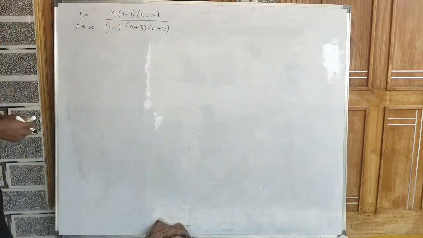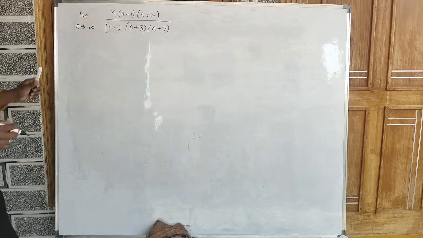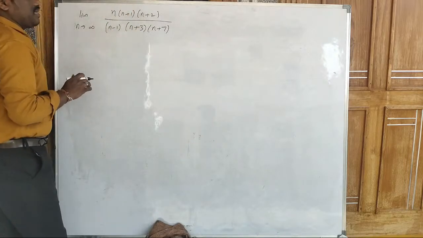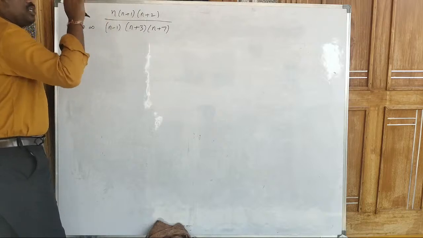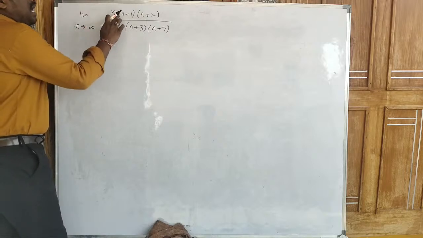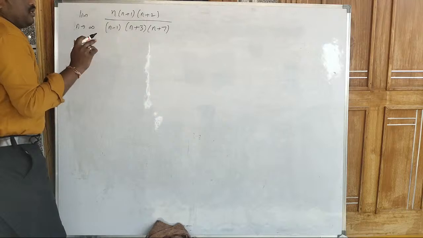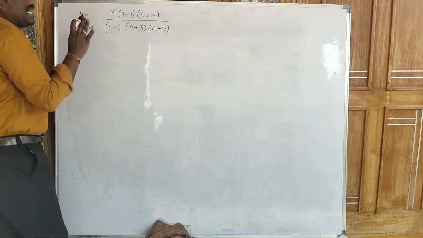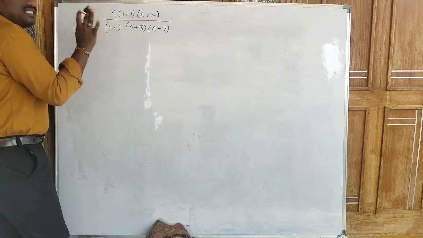See, the given limit n tends to infinity, n into (n plus 1) into (n plus 2) upon (n minus 1) into (n plus 3) into (n plus 7). If I multiply the numerator and the denominator, I am going to get n cube as the highest power. So can I divide by n cube on both sides? I can divide by the highest power. Which is the highest power?